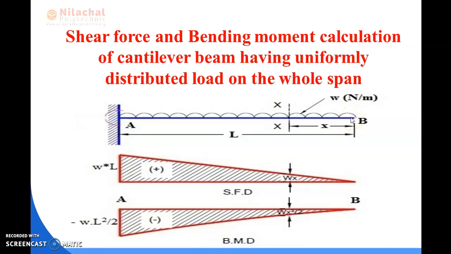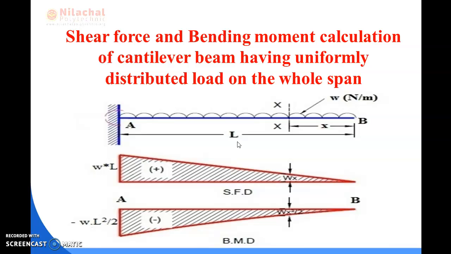But in case 1, we took this distance only. So according to this distance, your perpendicular distance is this span divided by 2, which is X by 2. But in case 2, we consider the total distance of the beam, which is L, so your perpendicular distance should be L by 2.